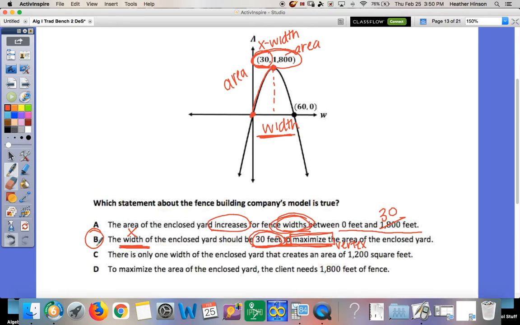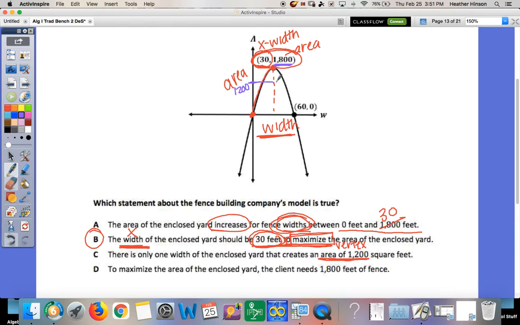There's only one width of the enclosed yard that creates an area of 1,200 square feet. So we have an area of 1,200, so that's going to be our y-axis. Change colors. We don't know where 1,200 is, but we know the top is 1,800, so I'm going to estimate it to be right here.